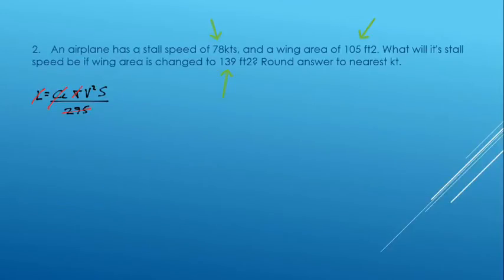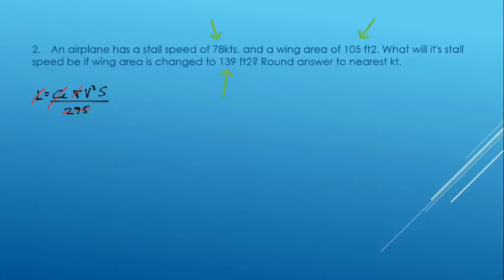This next problem involves finding a speed change if we change some other part of the lift formula. So what I've done here is written out the lift formula, and then I've crossed out everything that either isn't given or isn't needed. And what we're given is a speed and a wing area, and then another wing area, and we want to come up with a new speed.